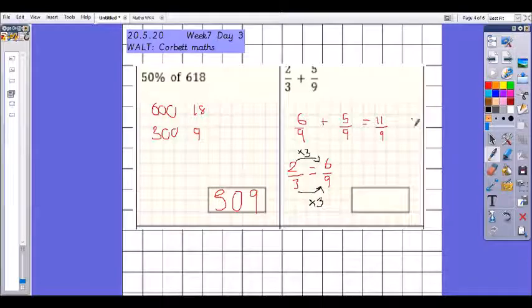To convert this into a mixed number, which would give us an integer and a fraction, what we need to do is look at the denominator, see how many times the denominator will go into the numerator, and then whatever is left over, the remainder, will be the remaining fraction. So I know that 9 goes into 11 once, because 9 times 1 is 9, and then my remainder is 2. So that would be 2/9. So it's going to be 1 and 2/9, the answer.